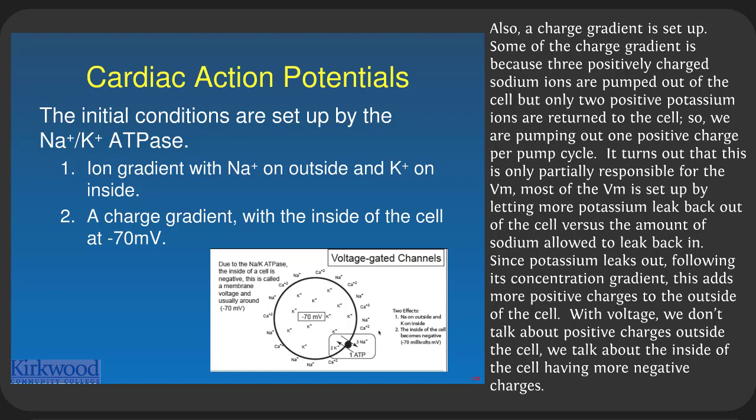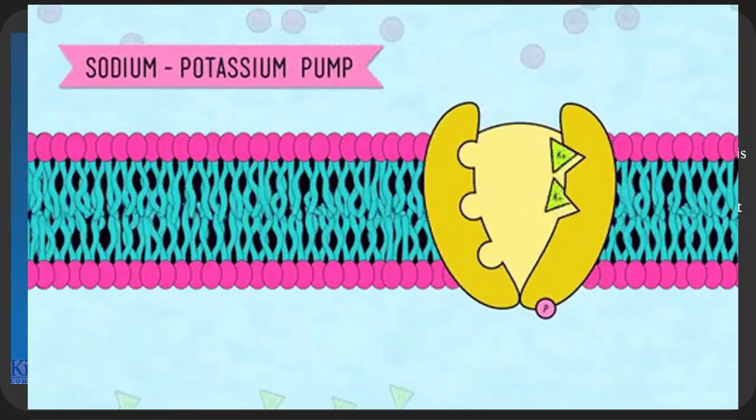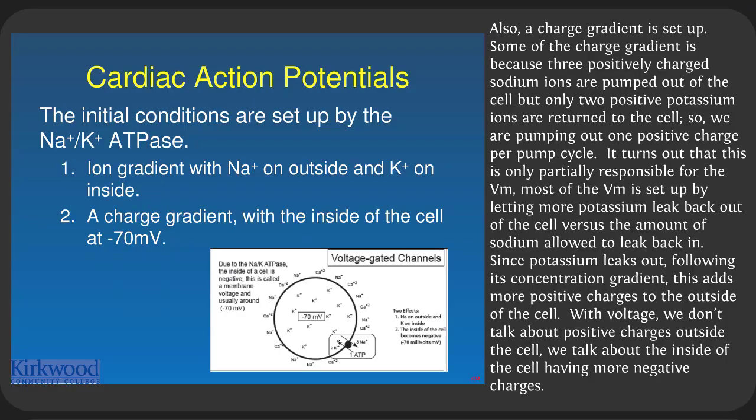Also, a charge gradient is set up. Some of the charge gradient is because 3 positively charged sodium ions are pumped out of the cell, but only 2 positive potassium ions are returned to the inside of the cell. So we're pumping out 1 positive charge per pump cycle. Pumping out 3 positives, only taking back 2. That equals pumping out 1 positive charge per cycle. Turns out that this is only partially responsible for the voltage of the membrane. Most of the VM is set up by letting more potassium leak back out of the cell, and when that positive ion leaves the cell, it makes the inside of the cell more negative, versus the amount of sodium allowed to leak back in.